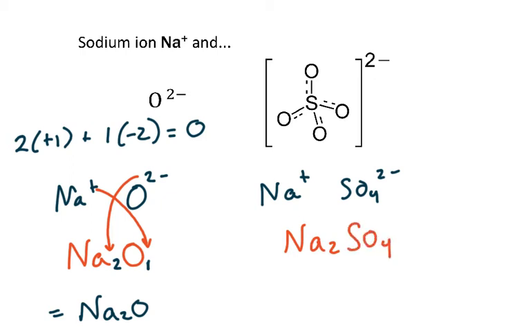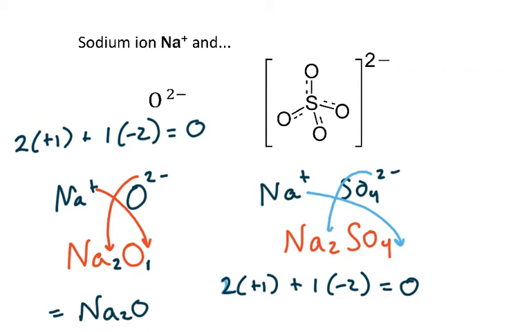So we get the 2 Na, and we get 1 SO4. So the 4 is still there, and it's just 1 sulfate ion. So we have 2 sodium, each +1, 1 sulfate, -2, for neutral.